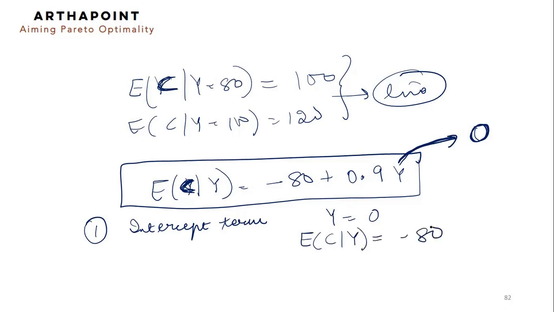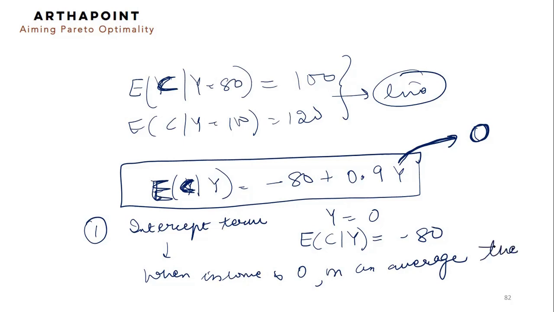So the intercept term tells you that when income is 0, on an average, the consumption is minus 80. Why am I writing on an average? Because we just said that this is a conditional mean. And by definition, mean is average. So when my income is 0, on an average, the consumption is minus 80.